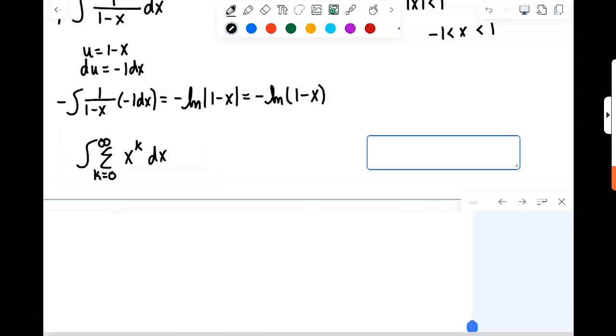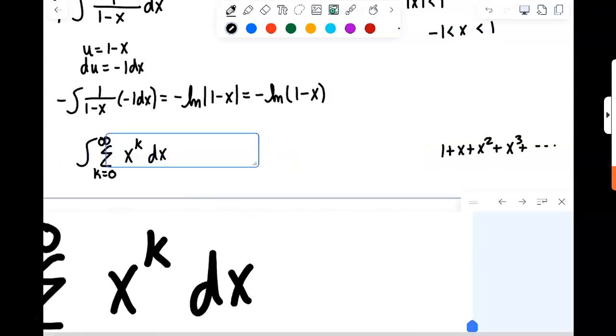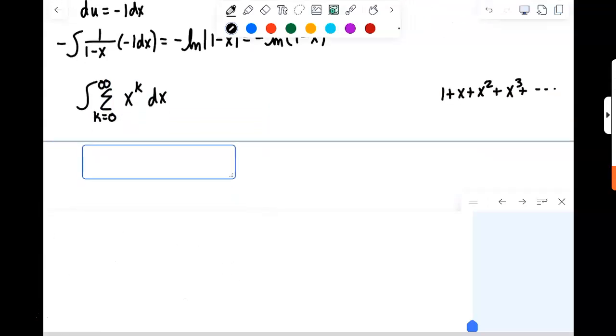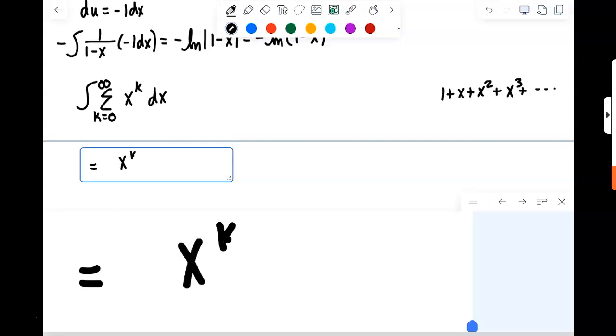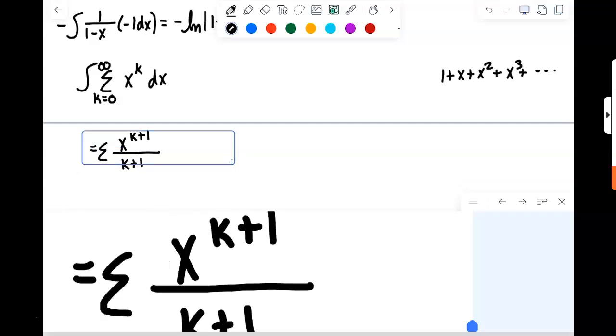So remember, the terms of our series look like this: 1 plus x plus x squared plus x cubed, and so on. Applying the power rule piece by piece, we would have x to the k plus 1 divided by k plus 1. That would be inside of our series.